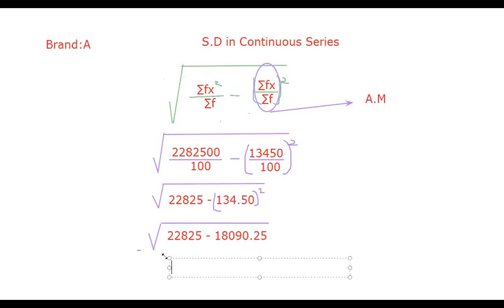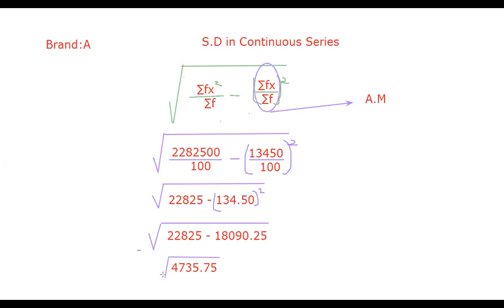Yes, sir. That is 4,735.75. Again, don't forget the square root. Now we are going to remove the square root.